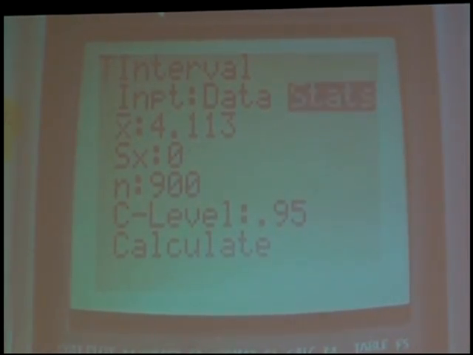So when you have stats, you have your stuff to enter, as opposed to data. There's your sample mean, 45.6. Then it's asking you for your sample standard deviation, 31.4, and your sample size, 547. So the calculator will calculate the degrees of freedom and the t-value for you.